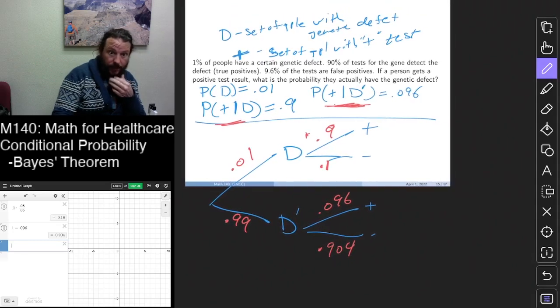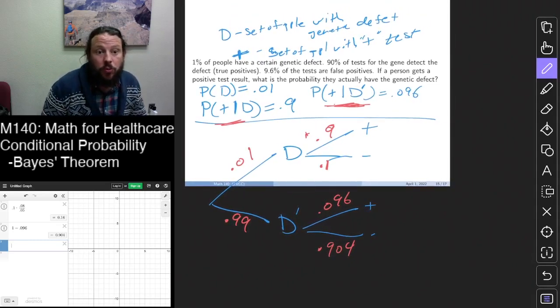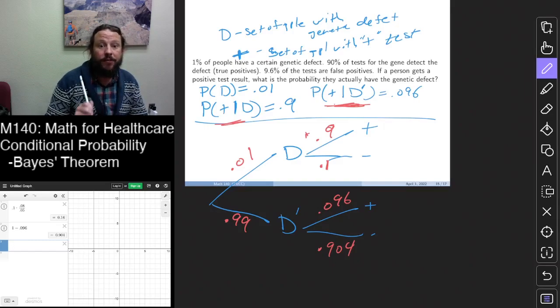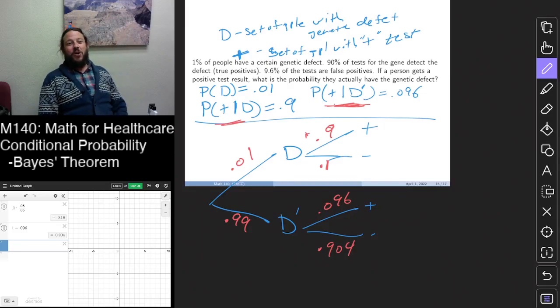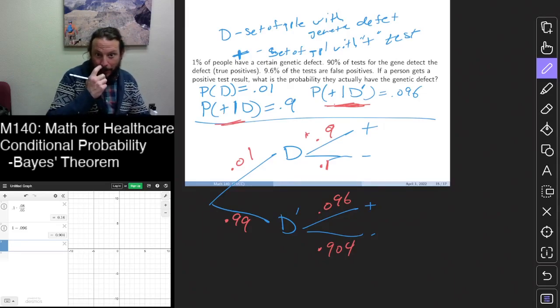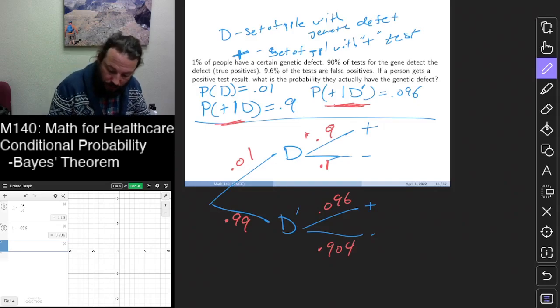All right. What do we ask? If a person gets a positive test result, what is the probability that they actually have the genetic defect?